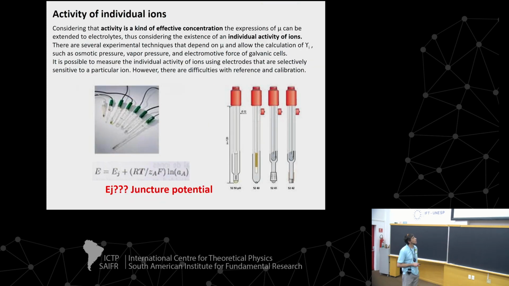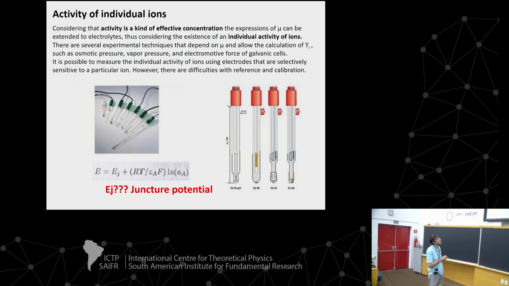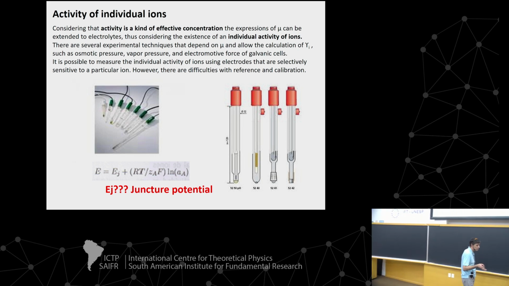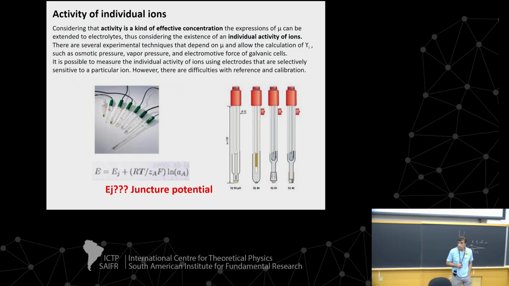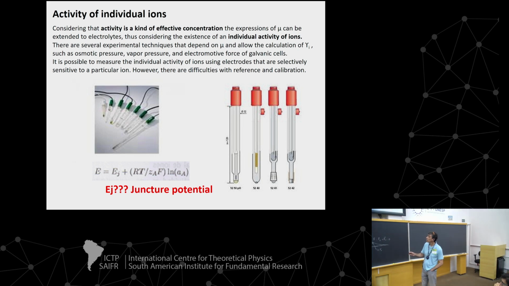But this is problematic. One possibility would be to use selective electrodes that are sensitive to the activity of one of the species. The problem is that when you measure this, usually you have a problem here.